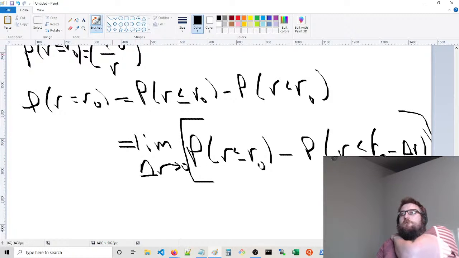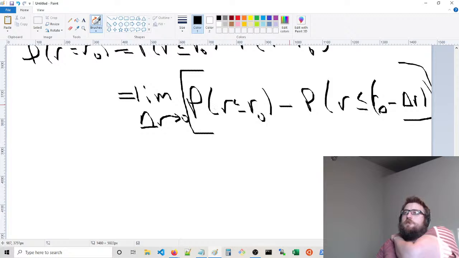But in order for this to be true, we don't actually know what this function is. That's kind of the problem.